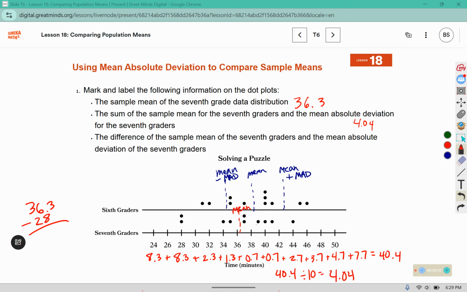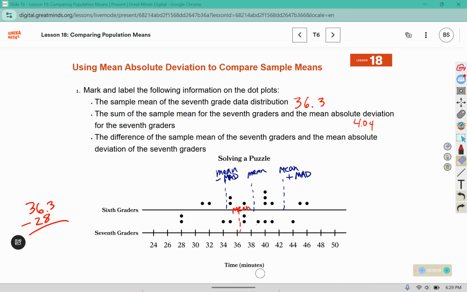So we need to add those two together for the sum. 36.3 plus 4.04 is 40.34. And then the difference, so we're going to take 36.3 and subtract 4.04, which is 32.26.